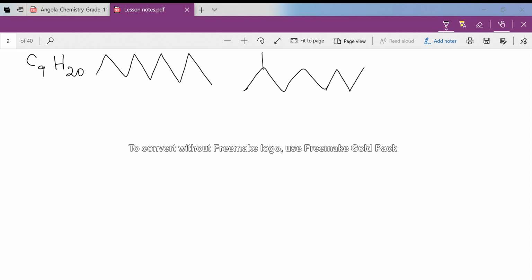So this is nonane, and we have isononane, also 2-methyloctane. And then we could have neononane.